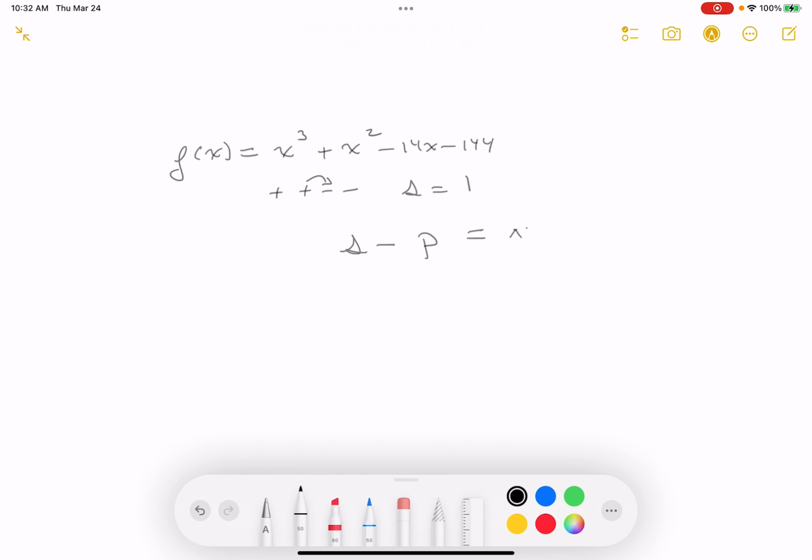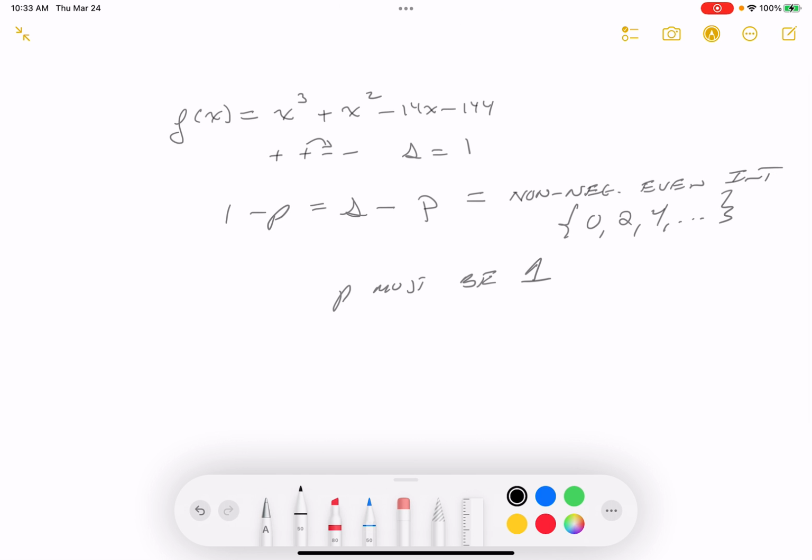This must be a non-negative, even integer. What does that mean? 0, 2, 4, and so on. Well, what's S? S is 1. P must be 1. So I know there's one positive real root. I know that. All right?